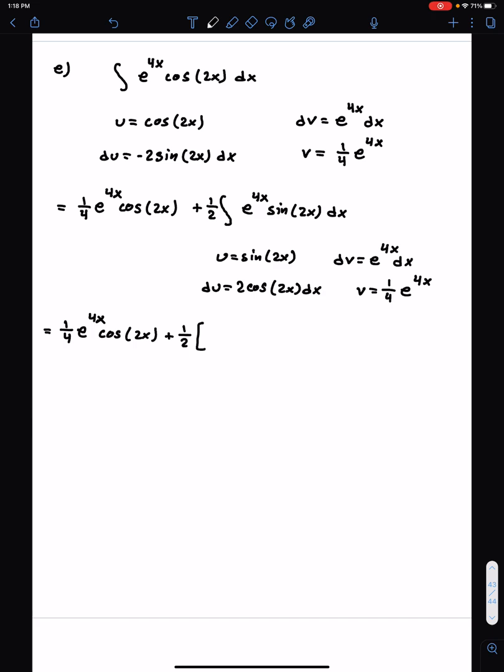times u times v, so 1/4 e to the 4x sine 2x minus the integral of v du. So 1/4 times 2 is 1/2. I'll factor out the 1/2 e to the 4x times cosine 2x dx.